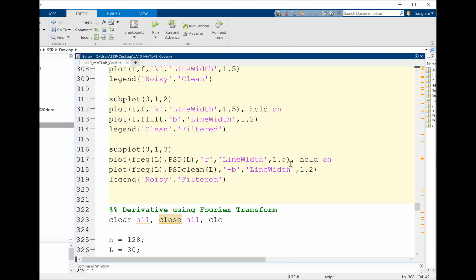Laplace transform is nothing but a Fourier transform. Because here is what happens in Laplace transform. What is the Laplace transform of x dot? If you have the time variable t, that becomes the Laplace variable s.